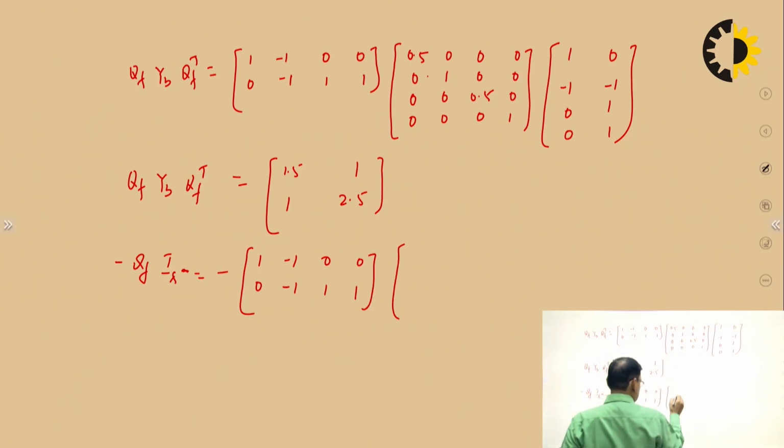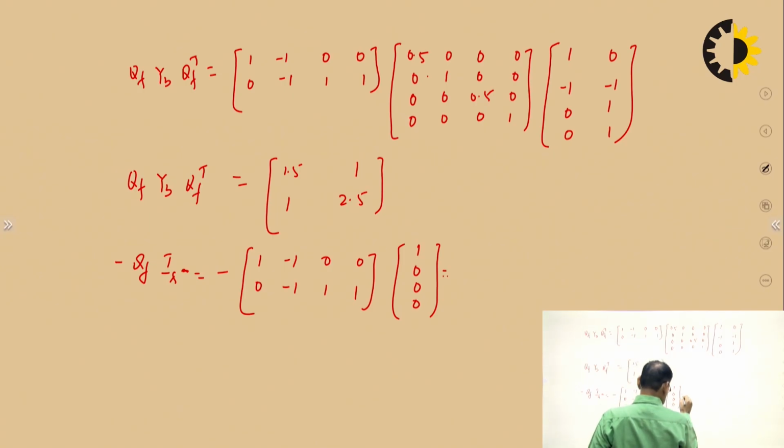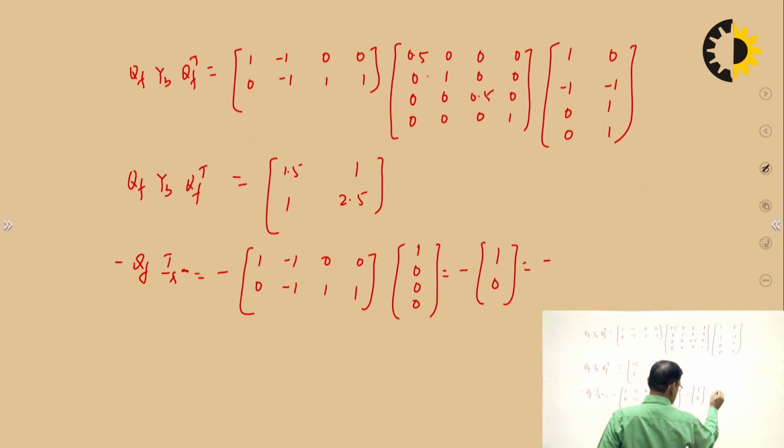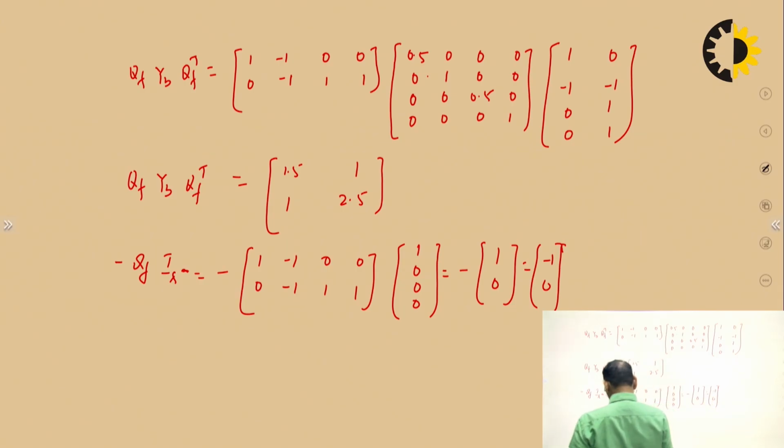IS means the current source. The current source is only in branch number 1, so it is 1, and the remaining branches contain no current source, so the others will be 0. So it will be minus 1 0, so it is minus 1, 0.